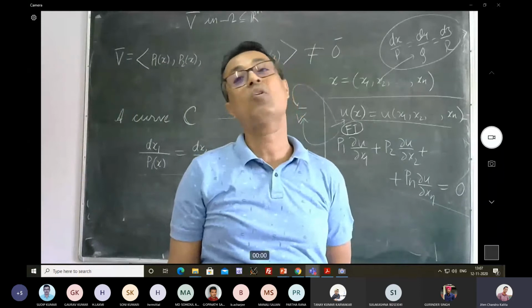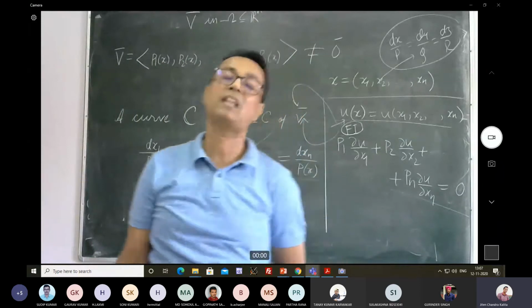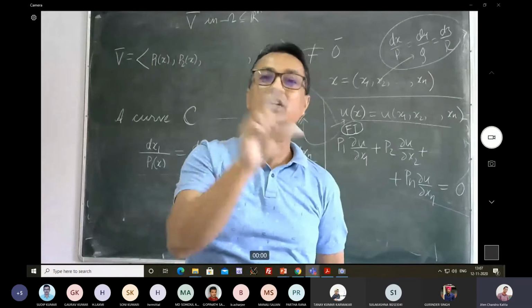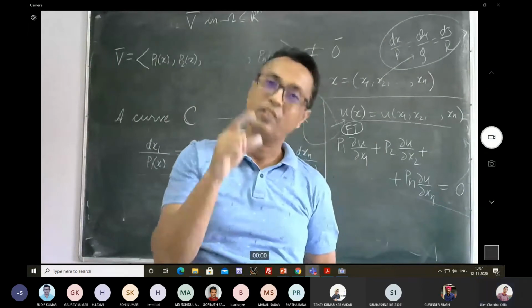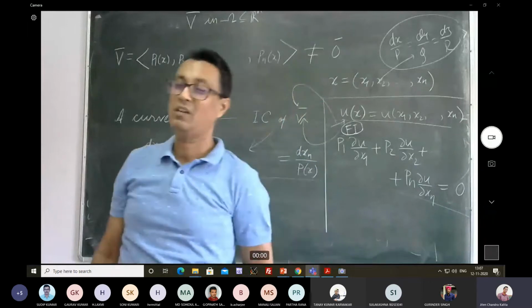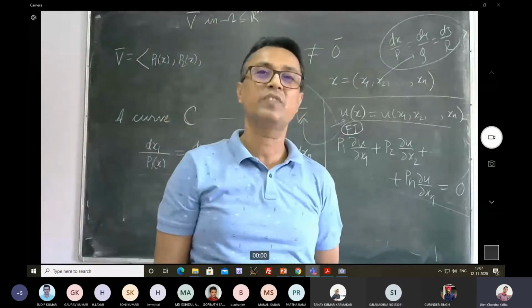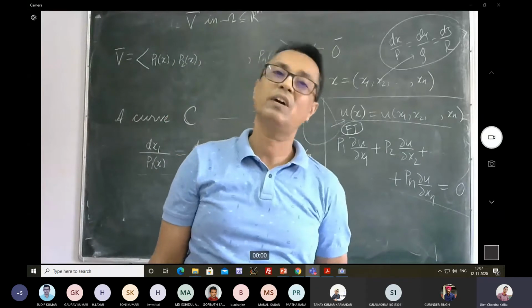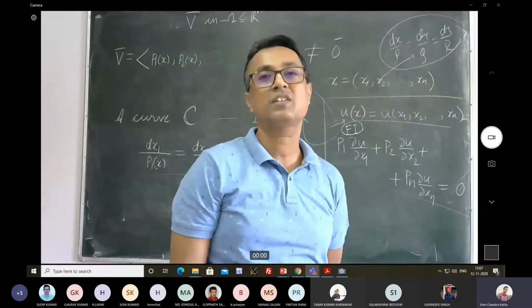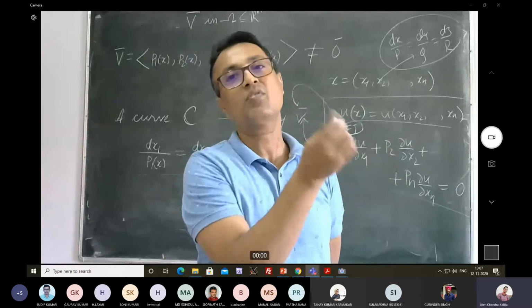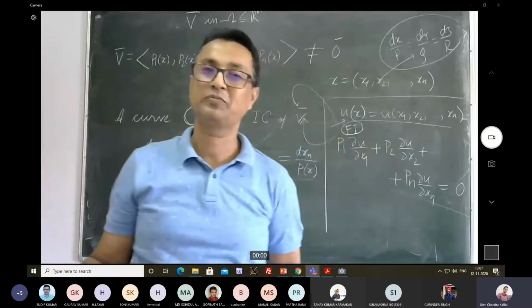If u1 and u2 are two functionally independent first integrals of v, then u1 equal to c1 and u2 equal to c2, and their curve of intersection was nothing but the integral curve for v. Clear?